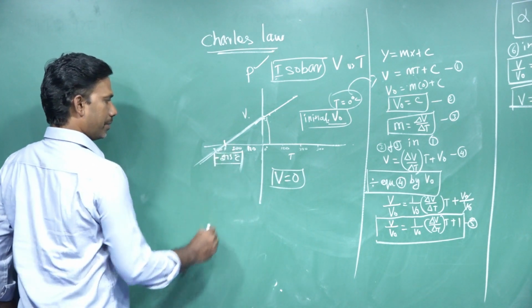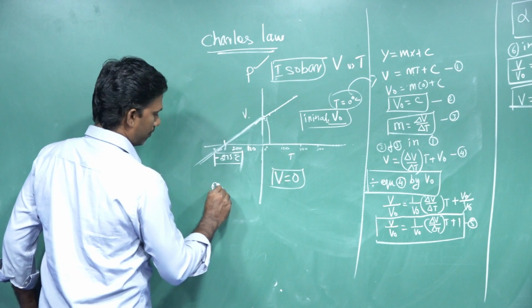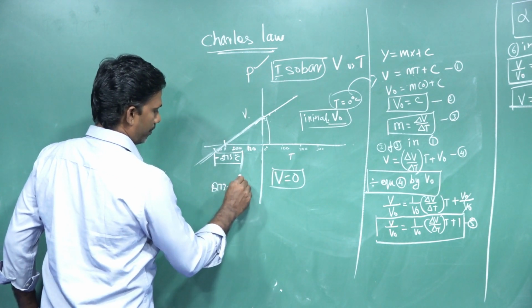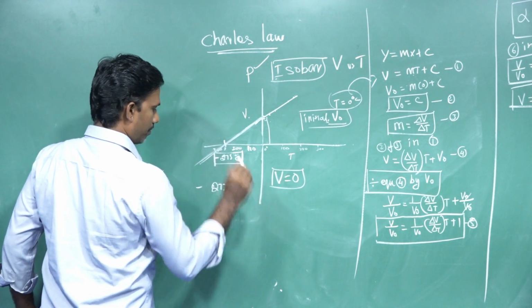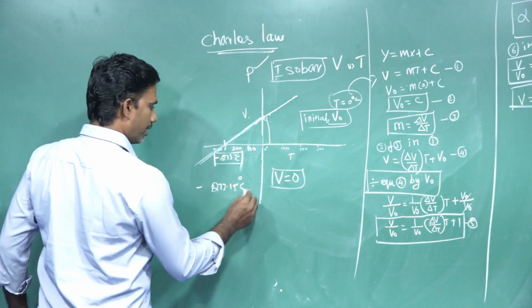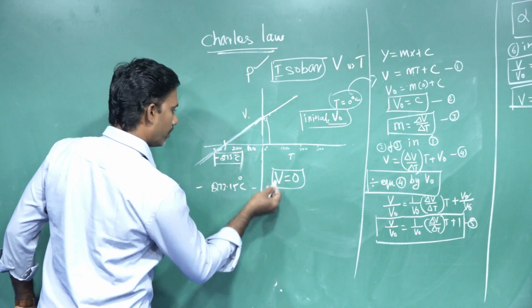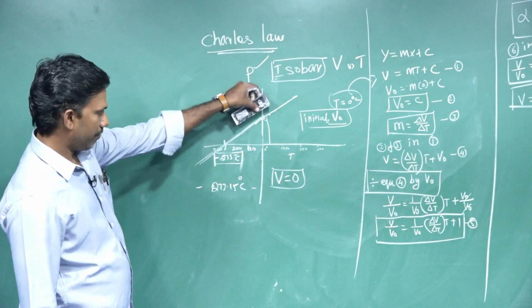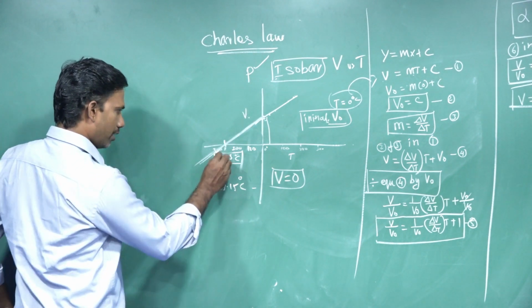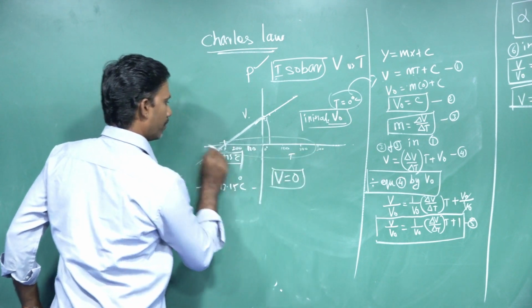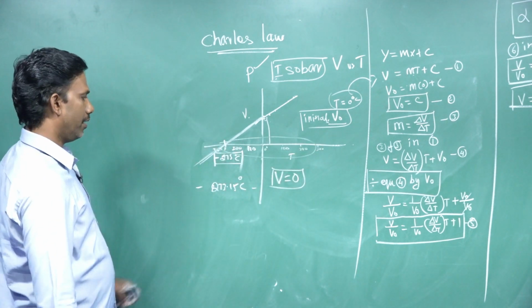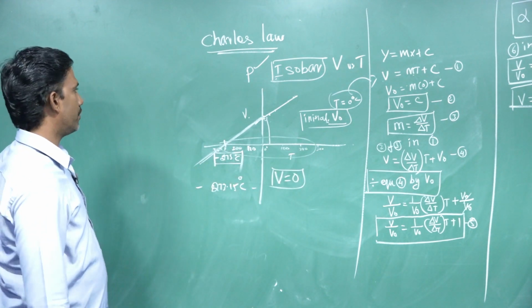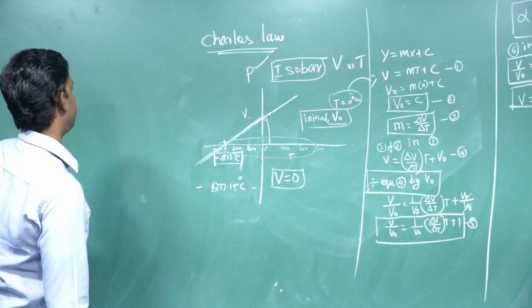Beyond this temperature, you would have a negative value of volume, which is practically impossible. By explaining this, a new scale was founded, called the Kelvin scale.